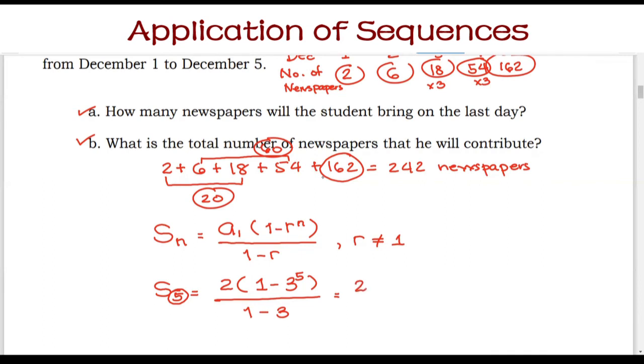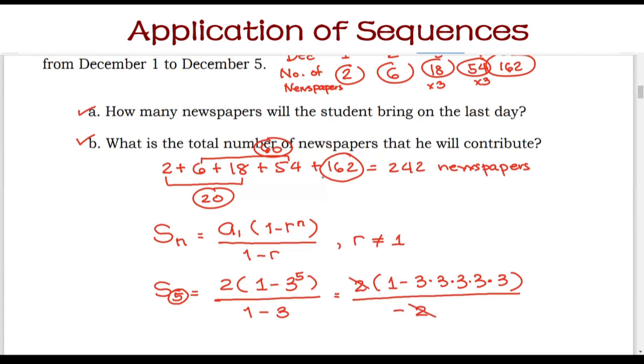So, we have 2. You have 1 minus, ang 3 raised to 5, that's 3 times 3, 5 beses to. All over, what is 1 minus 3? Negative 2. Ayan, magka-cancel na tong 2 dito.